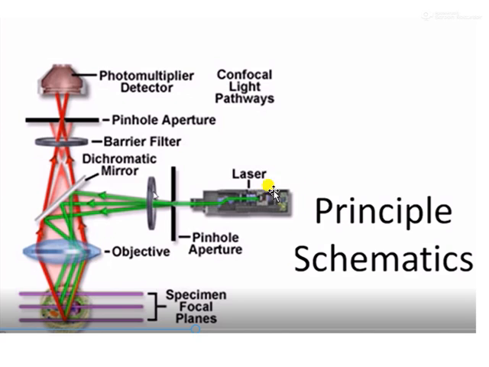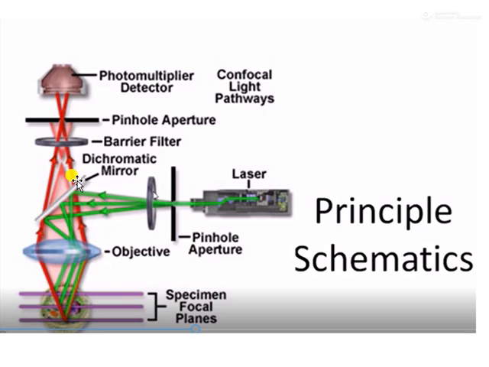See, this is a laser source which produces the laser, and it is passed through a pinhole aperture, and finally it reaches a dichromatic mirror which will direct the laser onto the particular specimen. The specimen has already been fluorescently stained, and it will emit light when the laser beam falls onto it, and that light will pass through the objective lens.